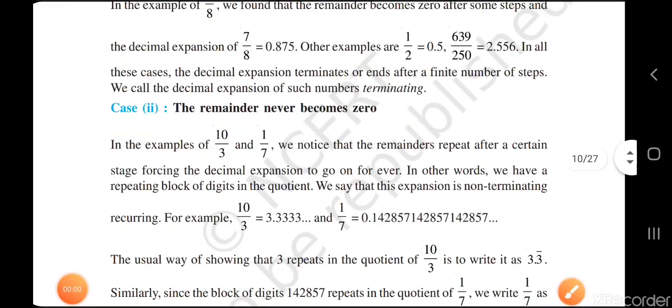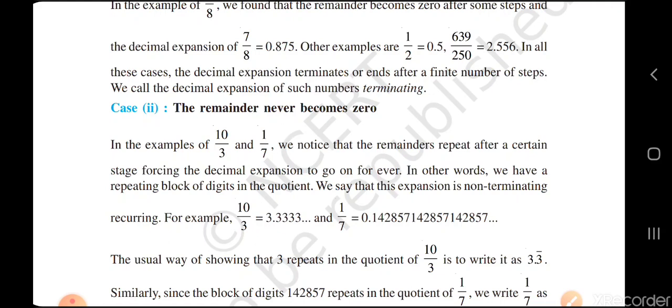Now the second case, the remainder never becomes 0. In the examples 10 upon 3 and 1 upon 7, we notice that the remainders repeat after a certain stage, forcing the decimal expansion to go on forever.